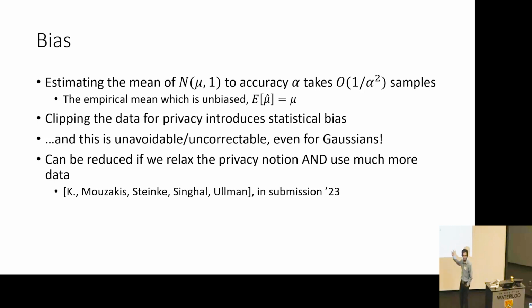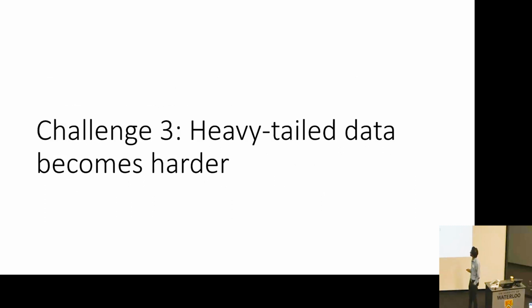I really like this work because I think it's a new thing that people haven't really looked at, and I think understanding how bias comes up in these settings is something we should look into more. So that's the second challenge.